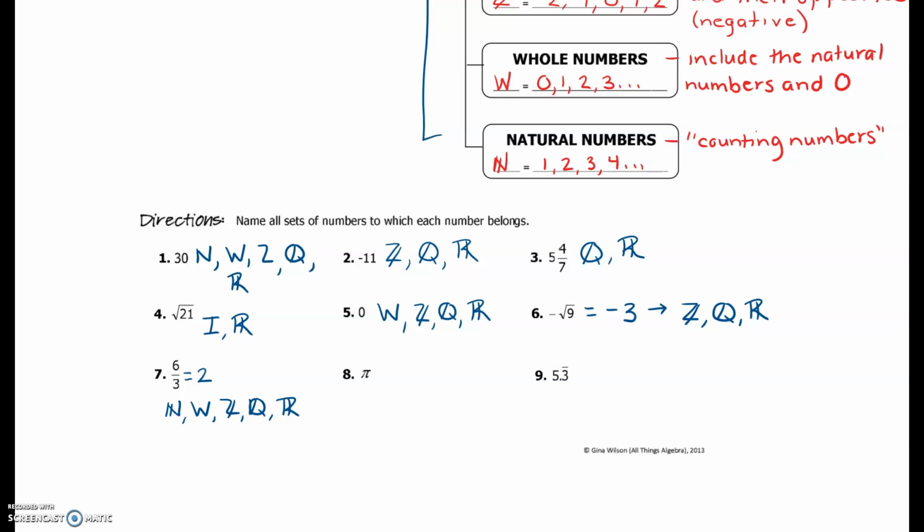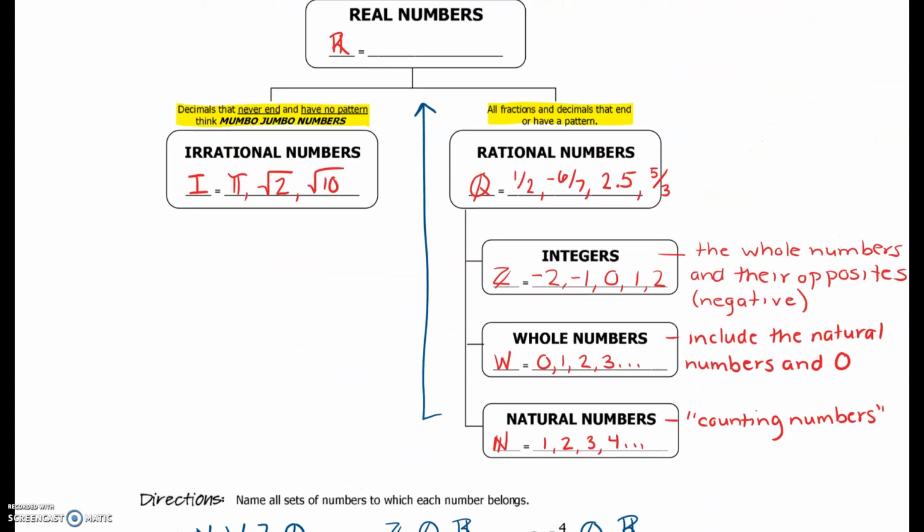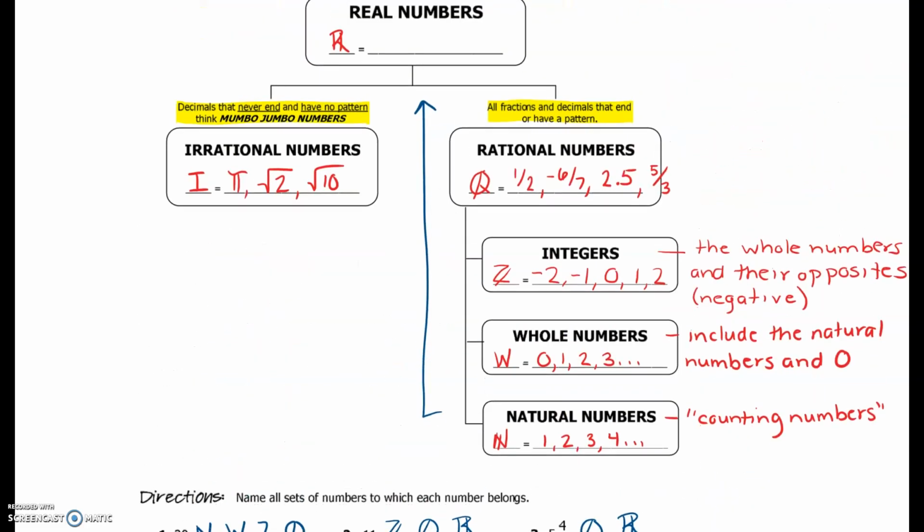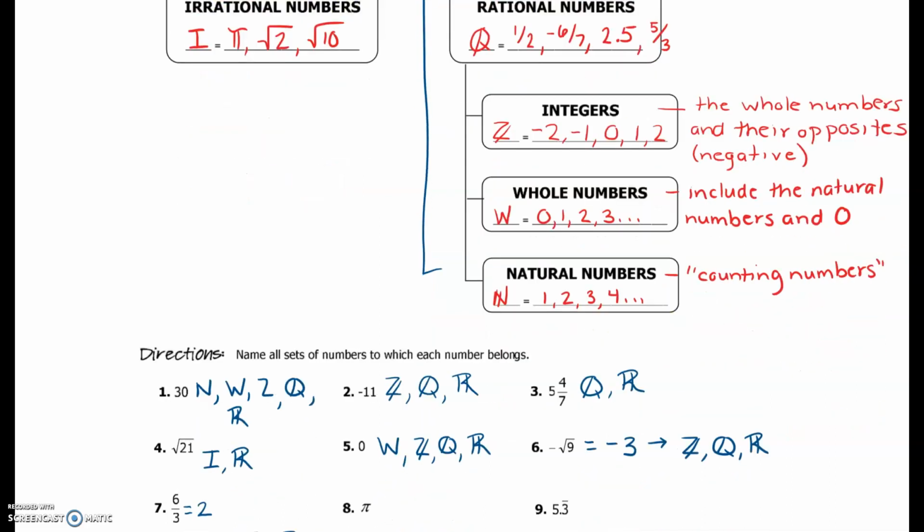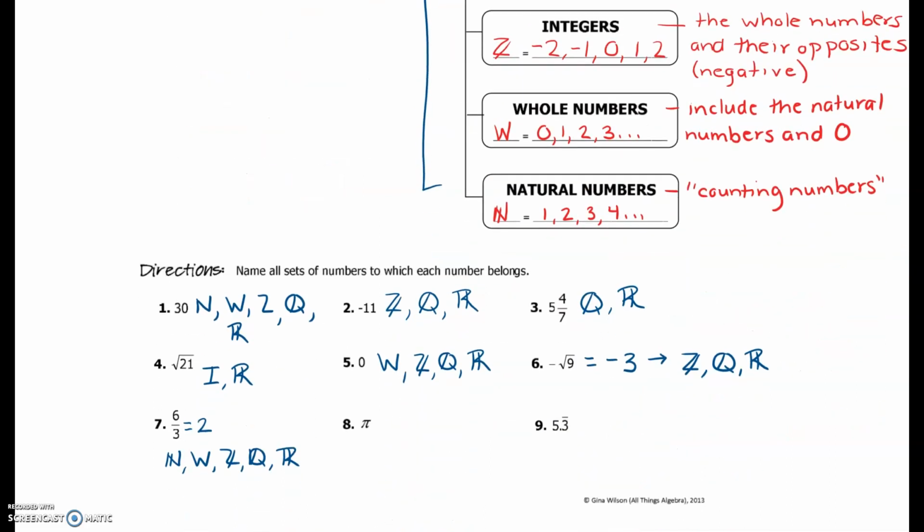Okay, number 8, pi. That should be a nice easy one. We actually placed pi in the irrational number box, so that makes pi an irrational number and a real number. And then last but not least, number 9, you have 5.3 with a bar over it. Okay, remember that this bar indicates that this decimal repeats.